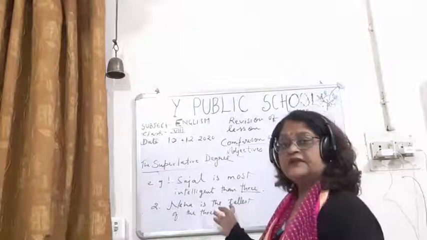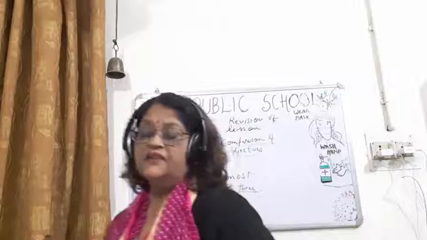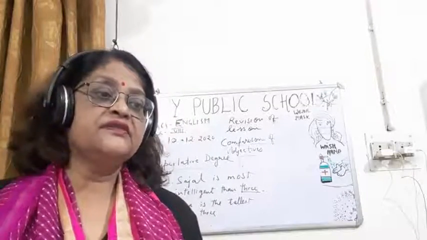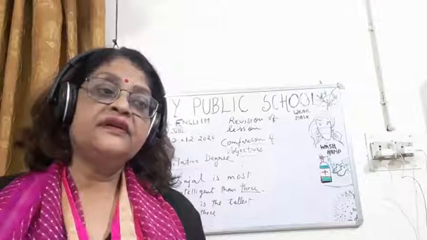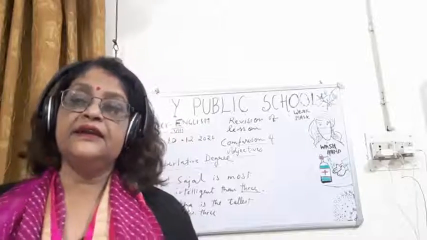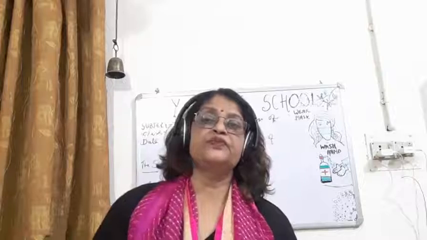And tallest, children, is the superlative degree, and we always use "the" before the superlative degree. Some point you should know: in the comparative degree, after the comparative adjective we always have "than", and in the superlative degree we always use "the" before the superlative word. This you have to remember.